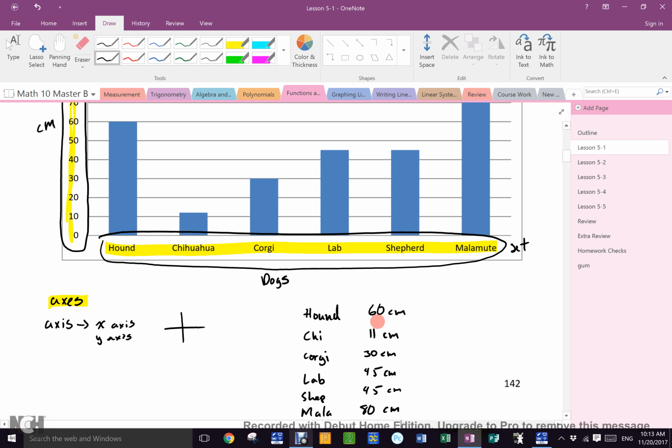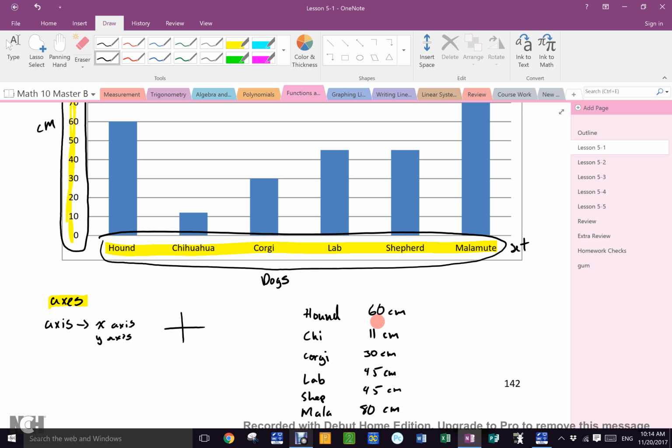Everybody cool? Now, can you tell me the height of every single dog in this set? Yes. If I give you the height, can you tell me what dog I'm talking about? You can't, can you? What dog is 30 centimeters tall? Corgi. What dog is 80 centimeters tall?